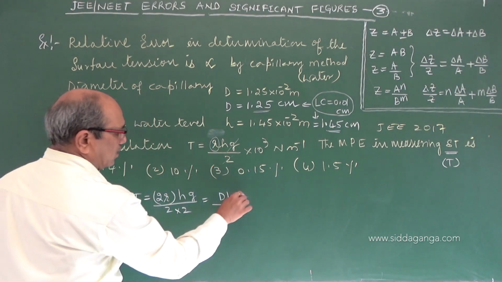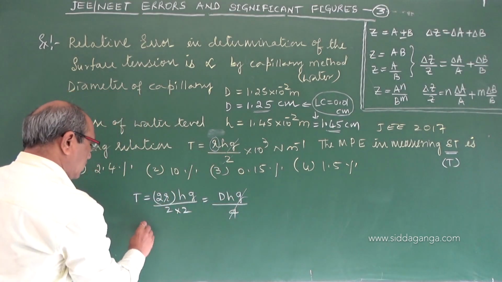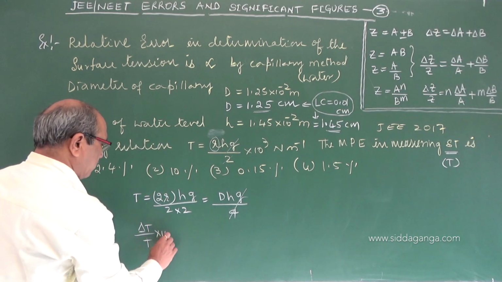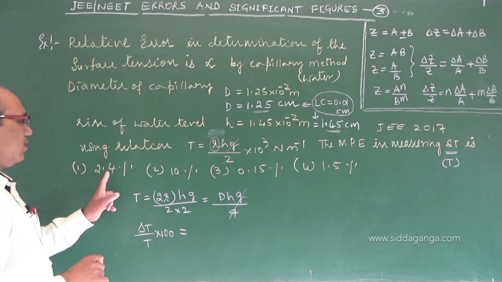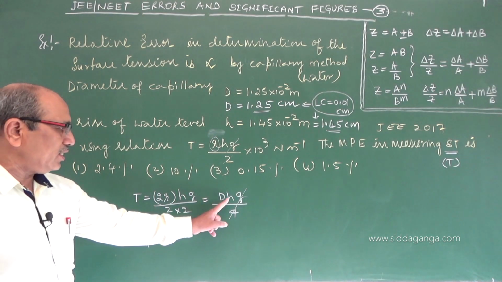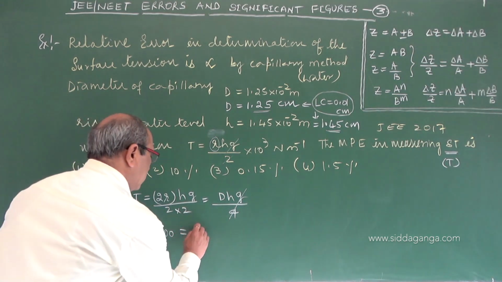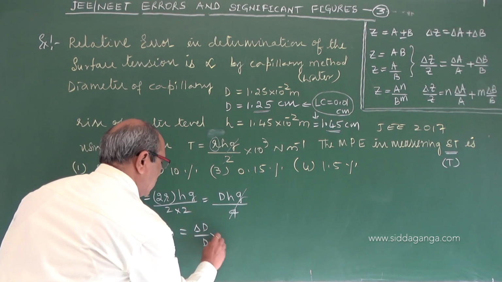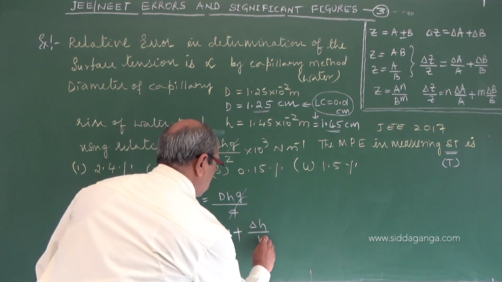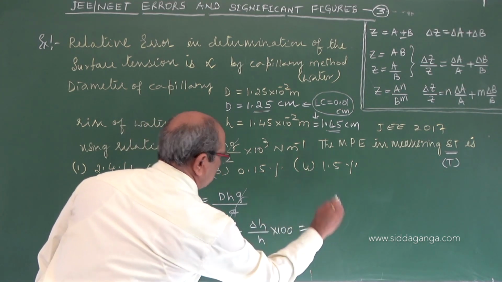Here these two are constant. Delta T by T into 100, the percentage is given. Delta T by T depends on d and h, so delta d by d into 100 plus delta h by h into 100 gives you the answer.